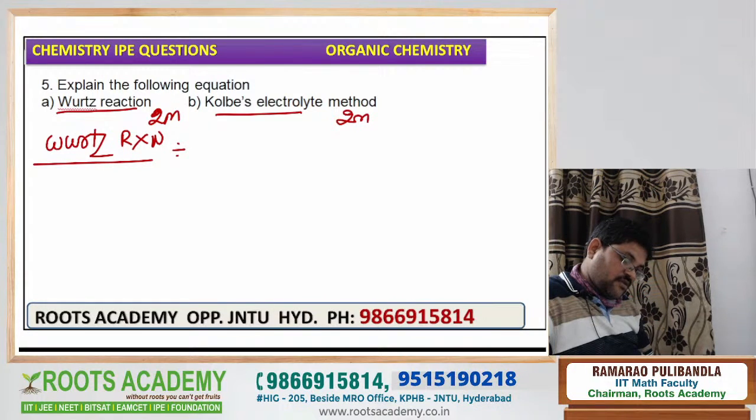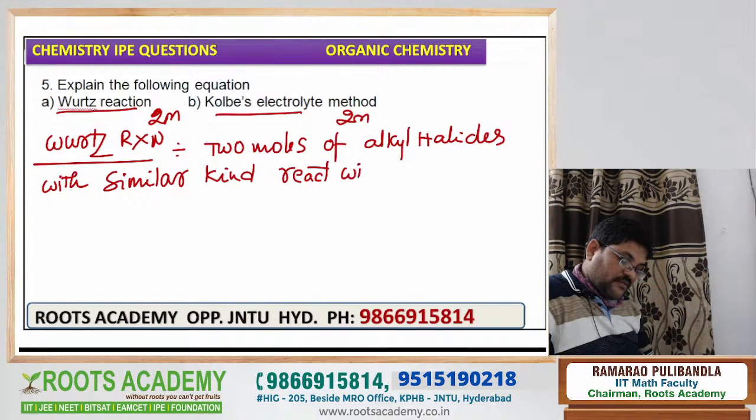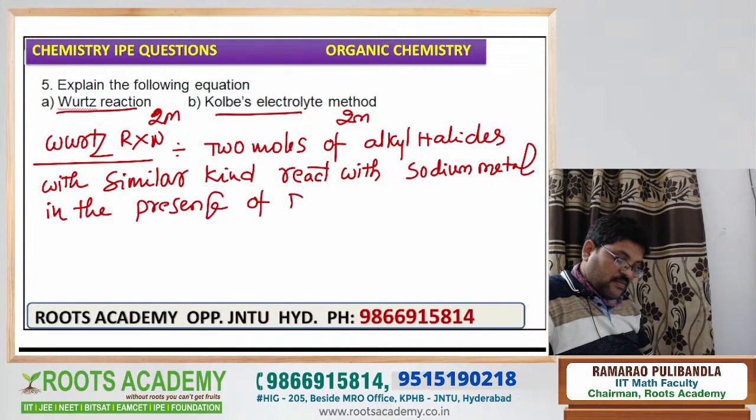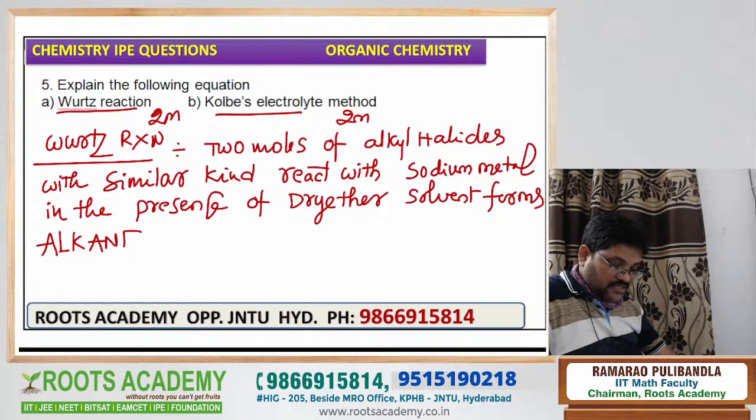In the Wurtz reaction, what is taken? 2 moles of alkyl halides of the same kind react with sodium metal in the presence of dry ether solvent, and form an alkane. Understood?